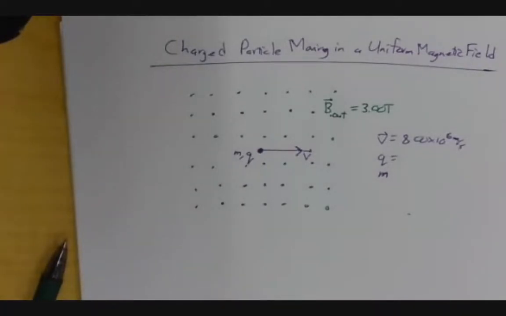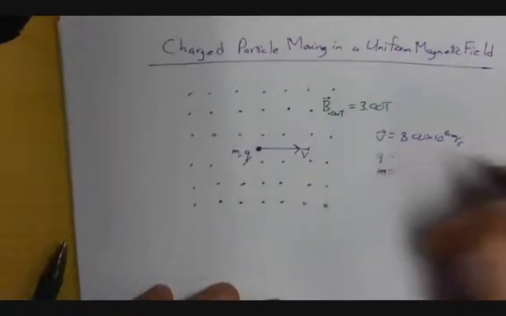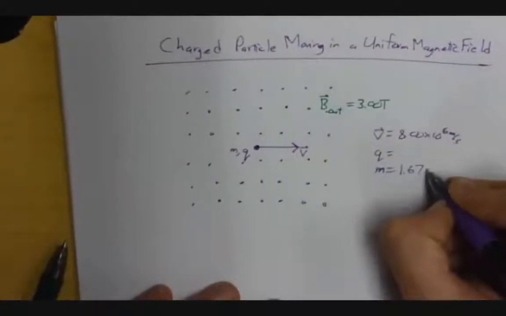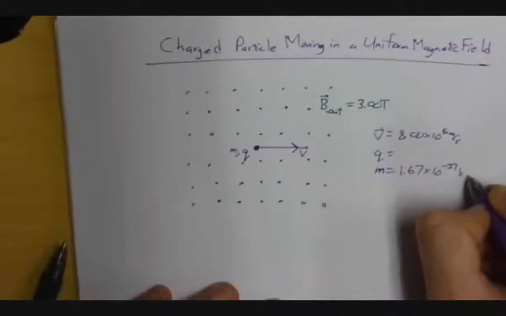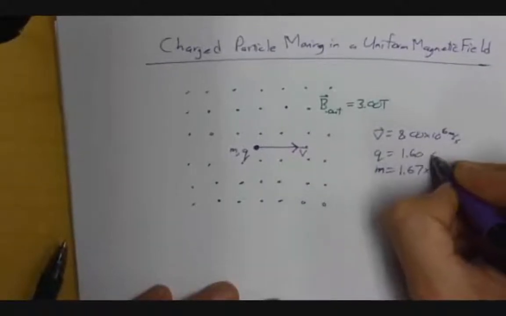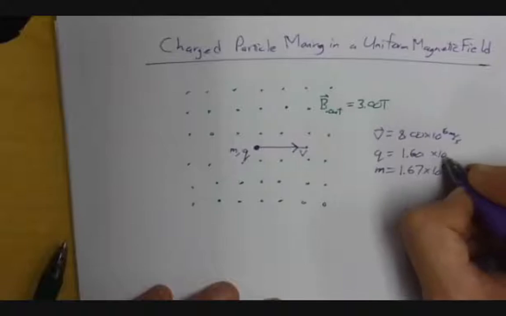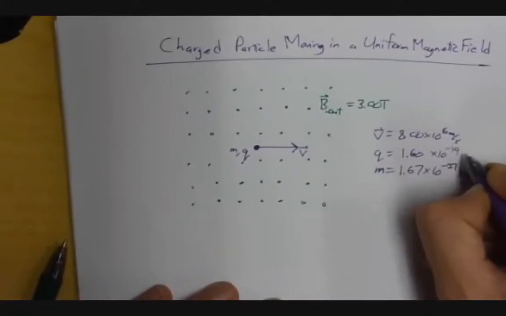So if we want to track him for a couple seconds, we're going to need to know: is he a bowling ball with this much charge, or is he a little ping pong ball with a certain amount of charge? So let's just make him a proton. So this is 1.67 times 10 to the minus 27 kilograms. And this is the same one we had before, 1.60 times 10 to the minus 19 coulombs.